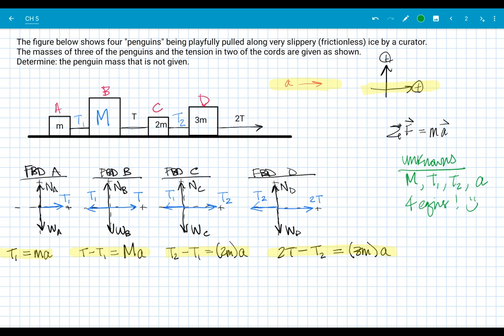And then the rest is algebra. So your physics is pretty much done at this point. You can put these equations together in whatever way you want, simultaneous equations, substitution. In the written solution here, I use substitution, but algebra is personal also, so use what makes sense to you there. The final result here that we get for the penguin mass that we don't know is equal to 4m.